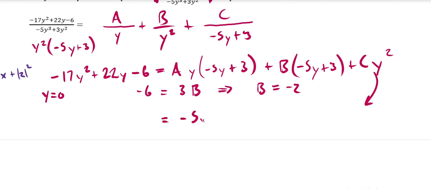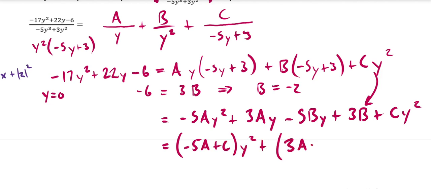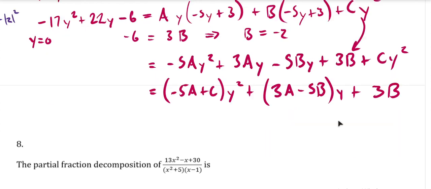We have minus 5ay squared plus 3ay minus 5by plus 3b plus cy squared. And if I group like terms, I'm going to have minus 5a plus c times y squared plus 3a minus 5b times y plus 3b. And over on the other side here, I have minus 17y squared plus 22y minus 6.